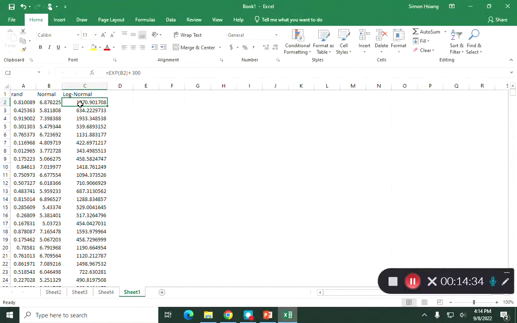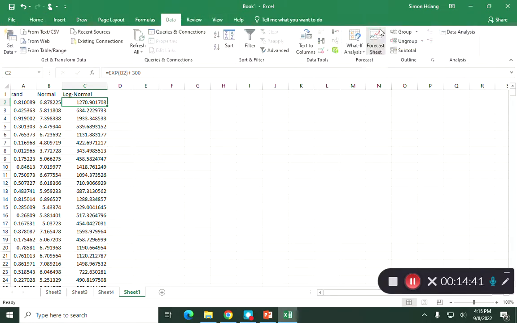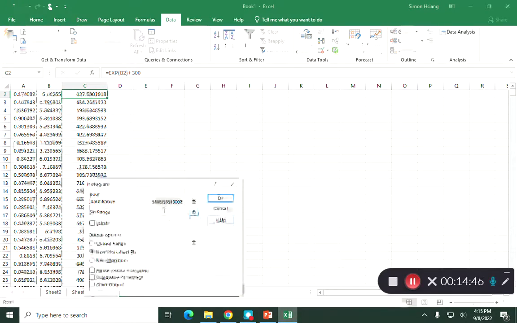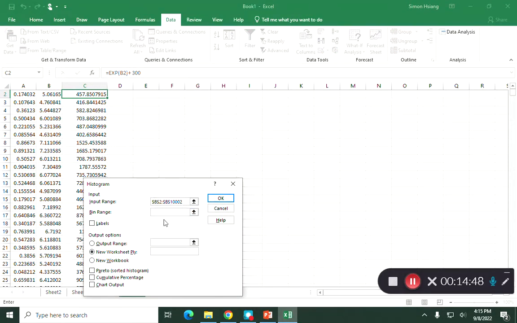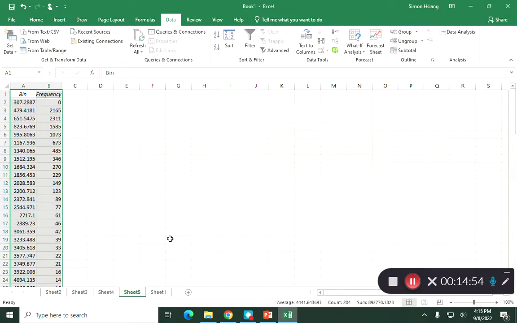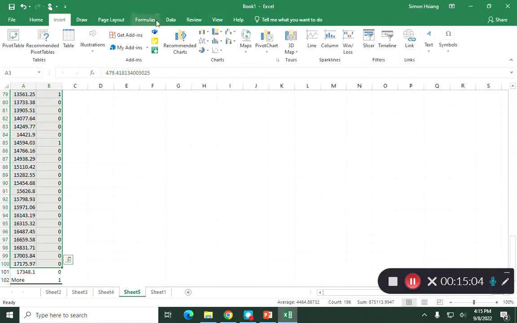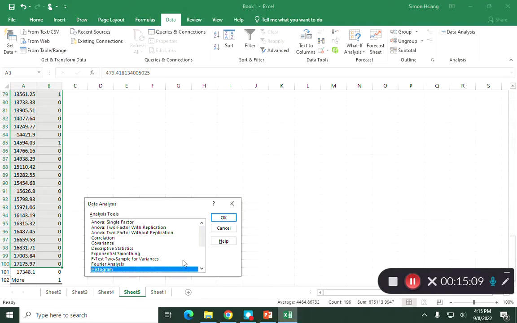Now let's look at what our log normal distribution function looks like. So data analysis, histogram, and this time from C to C. Okay, looks much better. So now insert data analysis.